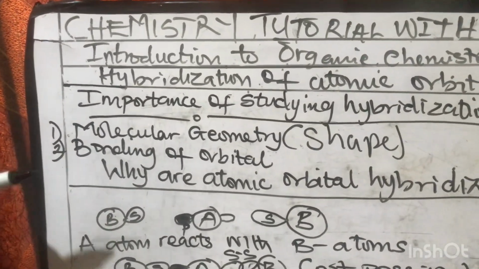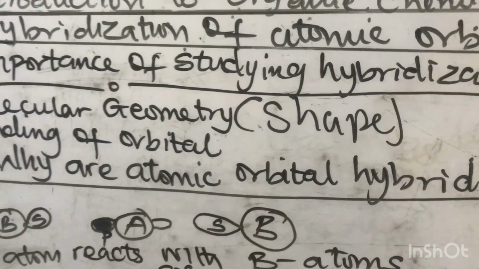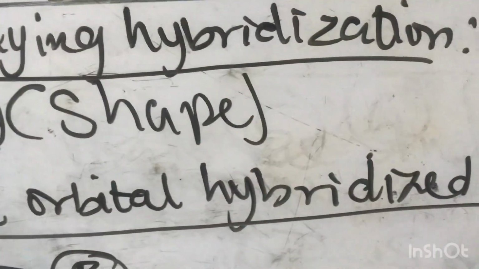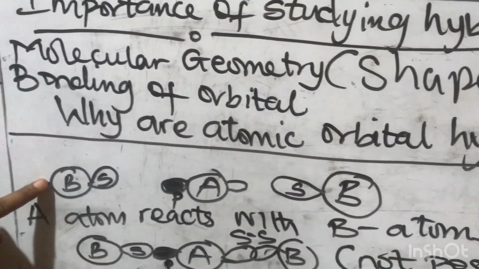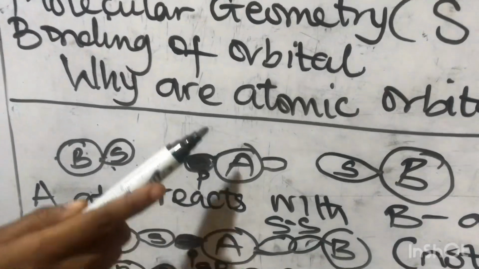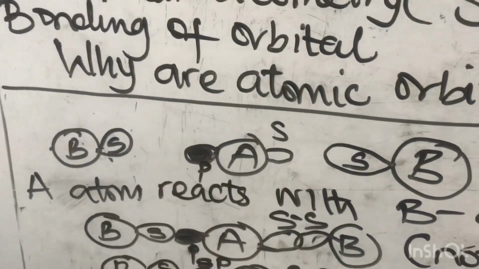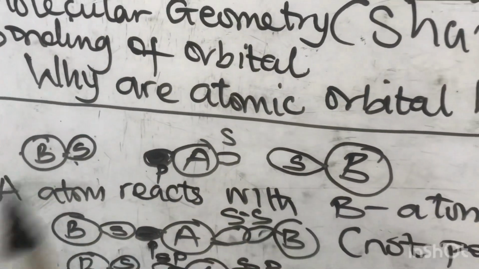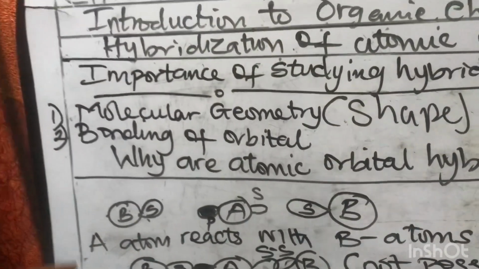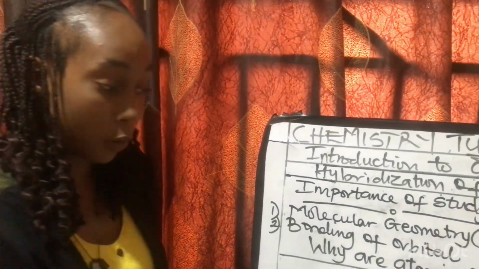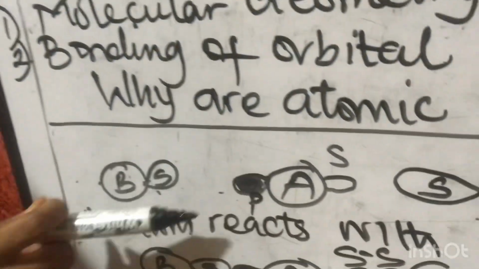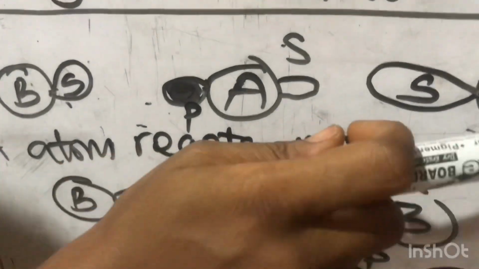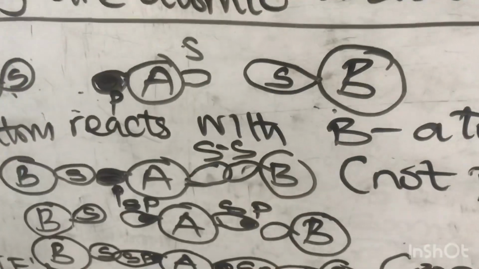Why are atomic orbitals hybridized? The reason why atomic orbitals are hybridized is this: we have atom A having s and p orbitals, and atom B having only s orbitals. Now atom A reacts with two B atoms. Now we have two B atoms and one A atom. The B atom having s orbital, the A atom having s and p orbitals, and the other B atom having only s orbital.